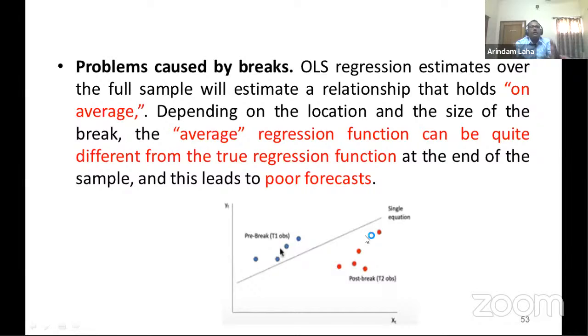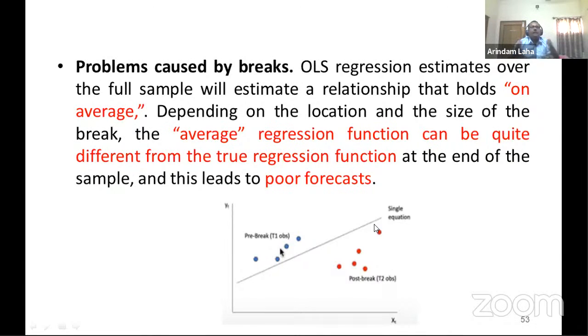There can be a structural break. It can be the reality. If you follow this particular figure, pre-break, these are the basic observations, scattered dots. Post-break, these can be your scattered dots. If you are dealing with a single regression, that means the Wales regression based on your full sample, then it will give you these average relations. Regression can give you only average relations, as it is known to you. Regression is nothing but average relations.